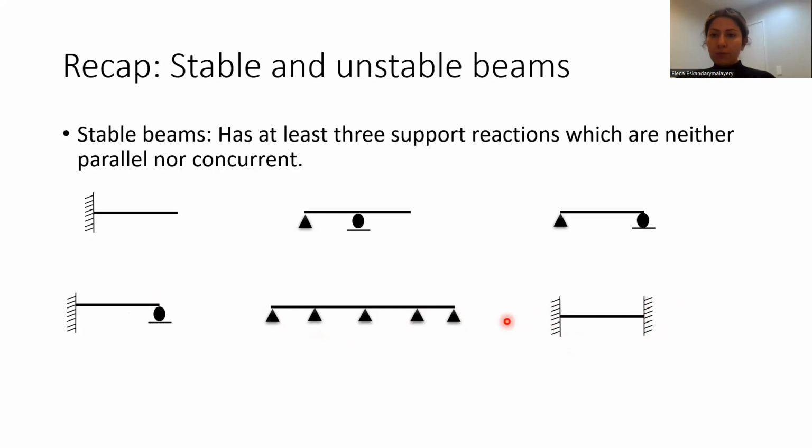In real life, most of our structures are statically indeterminate because we prefer to have extra support for our structure, which decreases the deformation and deflection of the structure. So we benefit from that extra support to decrease the deformation of our structure.